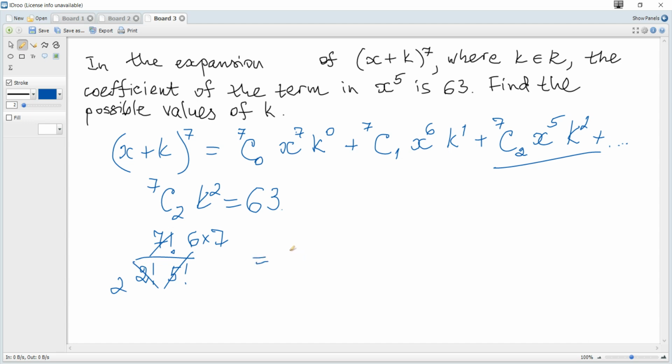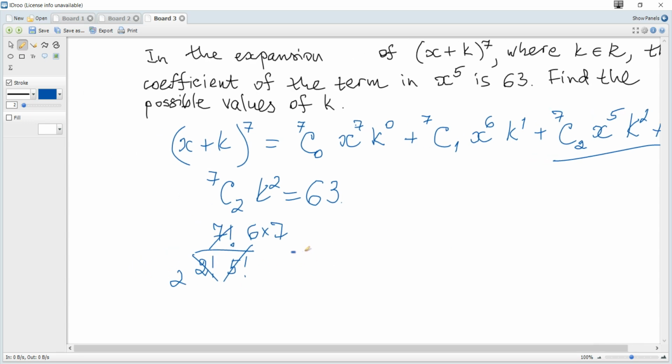So it becomes just 21. So combination 2 out of 7 is 21.